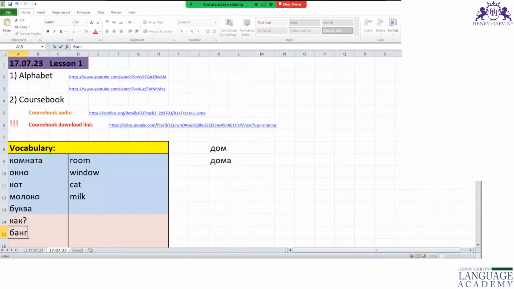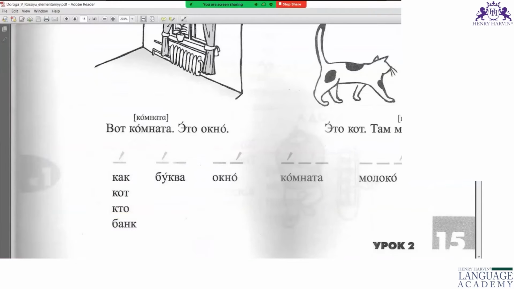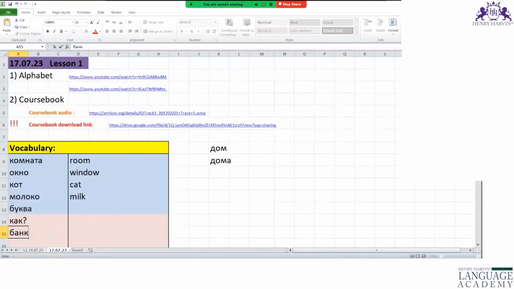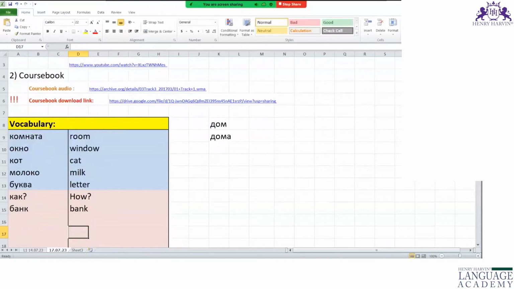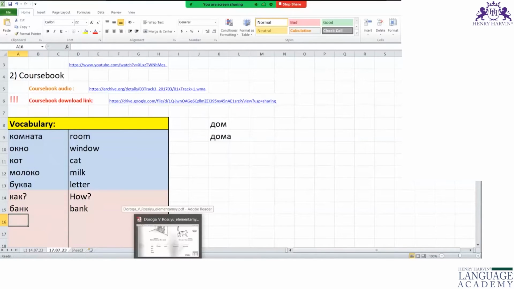Банк means bank. Okay, no more new words here. So, буква is letter. Как means how. Банк is bank. Okay, so write down the new words. Every lesson will have many new words. In the first lesson we had only a few. Now with every lesson we'll get more and more new words.